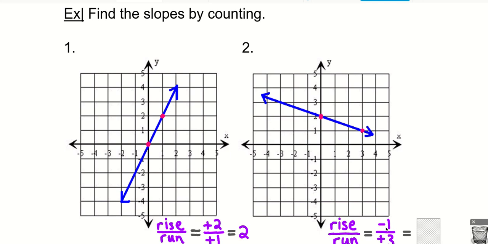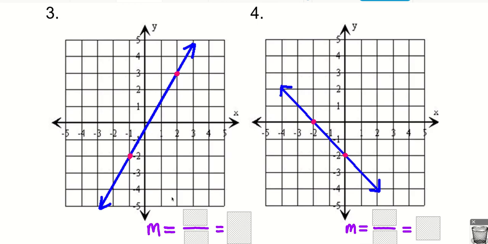So overall we have a negative 1 divided by a positive 3, and with slope we are almost always going to keep it as a fraction. So don't make this into a decimal. Leave it as a reduced fraction, and in this case a negative divided by a positive is overall negative. Again, downhill lines are supposed to have a negative slope, just like this uphill line had a positive slope. All right? Moving on to the next example.